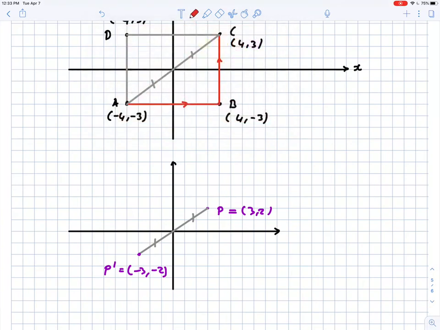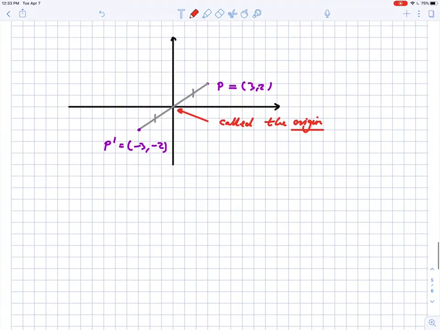Okay, and remember what the origin is. The origin is the central point. This is called the origin, often written as just O for origin. So what do we say? Well, exactly the same as before.